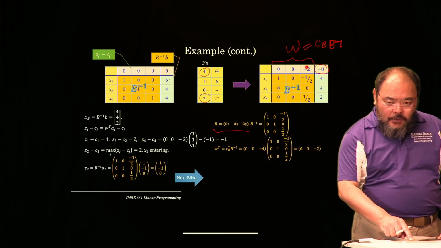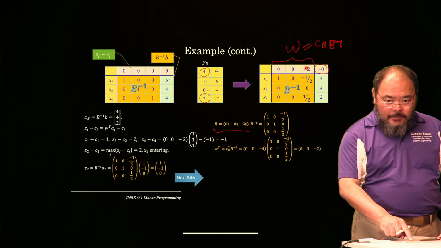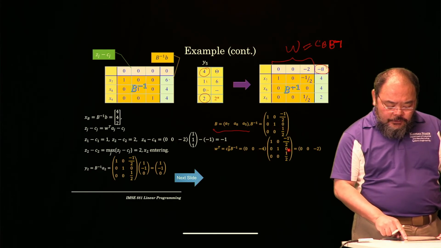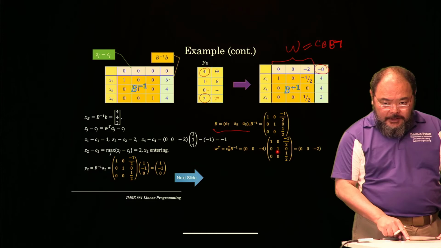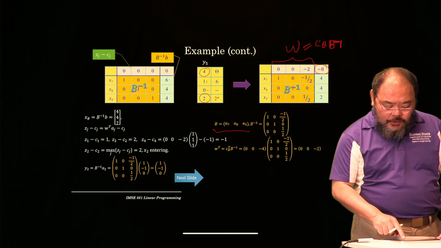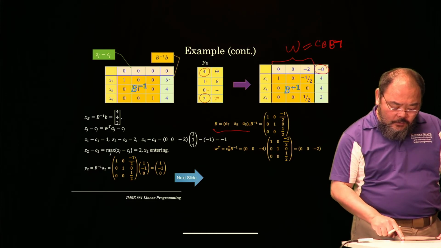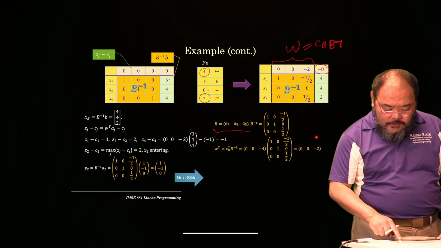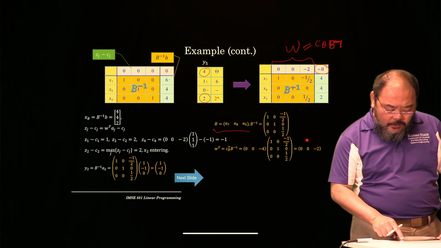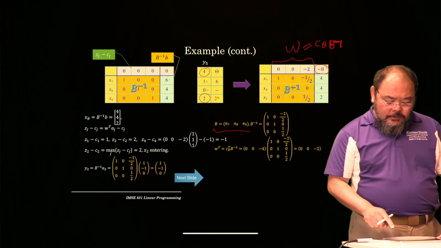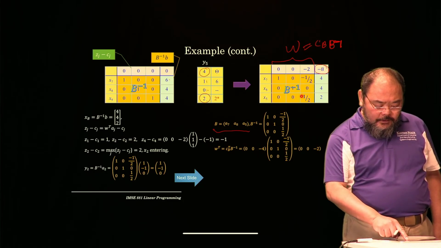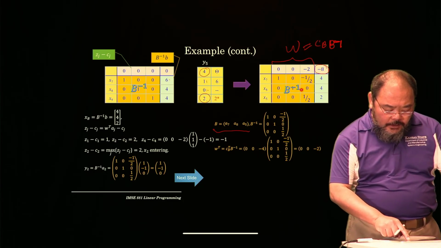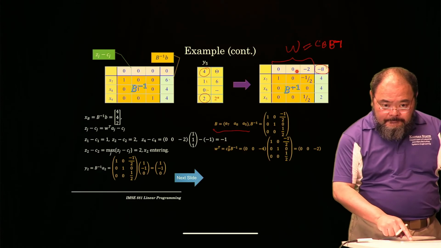So using this small Tableau, I really don't need to do these two matrix multiplications. I just need to do one iteration of pivoting, and then I will have already calculated my omega and B inverse. So B inverse can be obtained from here, and omega is the top row.